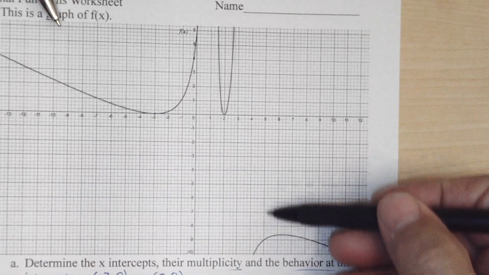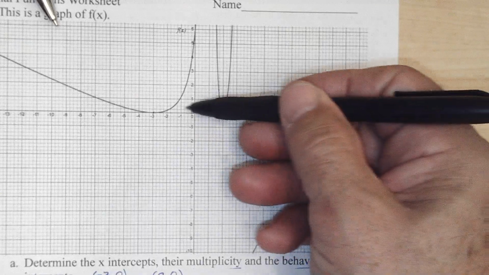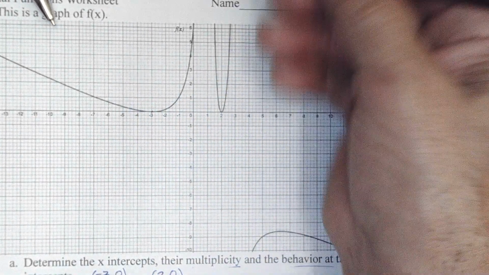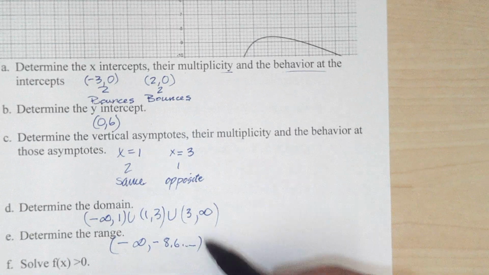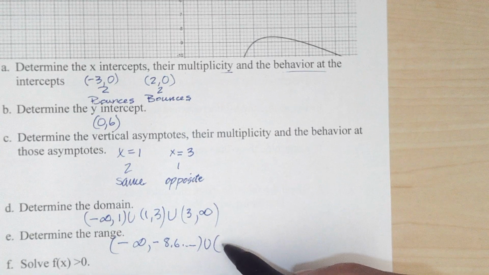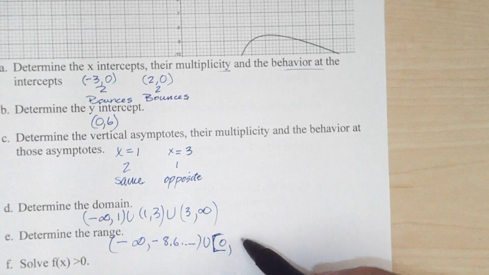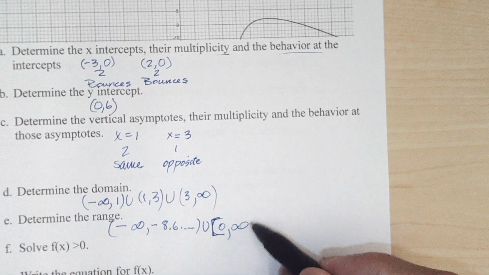And then it's gone until we get to a height of 0, and it exists at 0 and on up. At least that's what it appears. So it includes 0 to infinity.